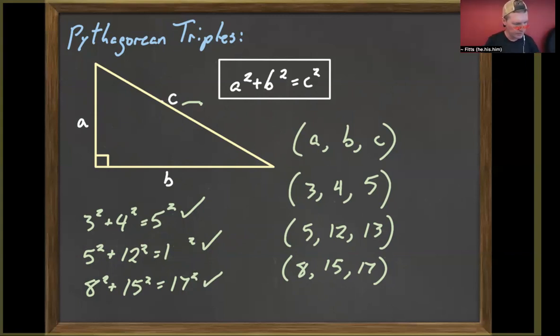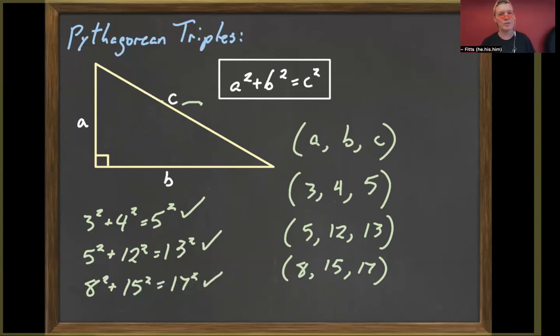That's 169, that's why I was a little thrown off. So 5, 12, 13. So yeah, 5 squared is 25 plus 144 is 169. That works. And then the last one is 8 squared plus 15 squared equals 17 squared. 64 plus 225 equals 289, which is what 17 squared is.